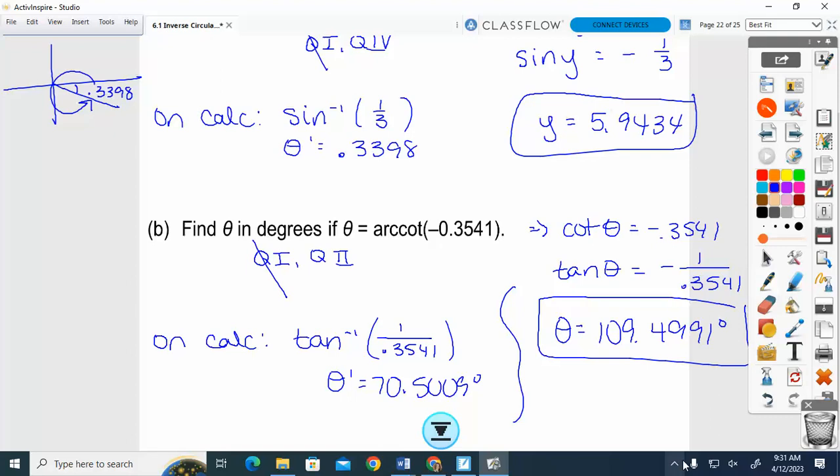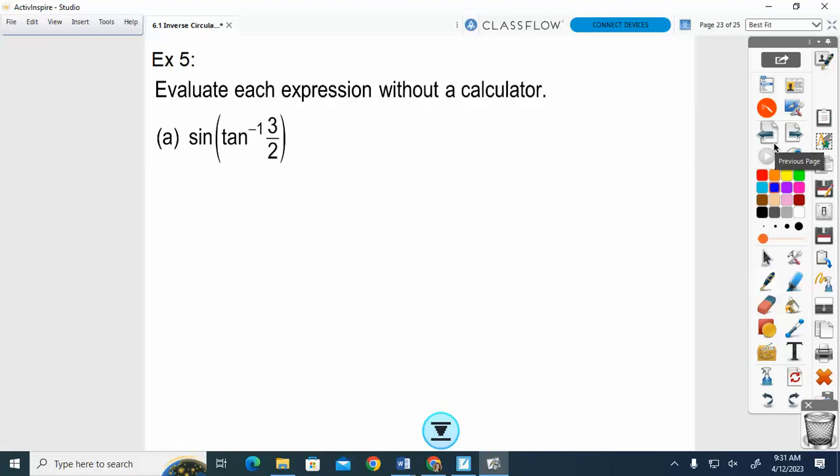Alright. So the last thing we have, I'm telling you to do these without a calculator. Sine of tangent inverse 3/2. Let's start on the inside. Tangent inverse 3/2.